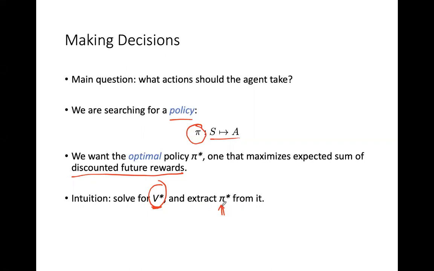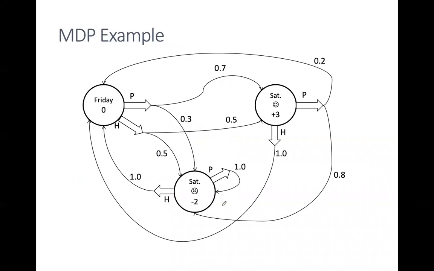Right? So going back, it will be helpful to keep this example in mind as we try to come up with an equation in this case for the value function. So let me maybe call this state S_i. For this optimal value function, the setup is going to be very similar to the Markov chain case, right?